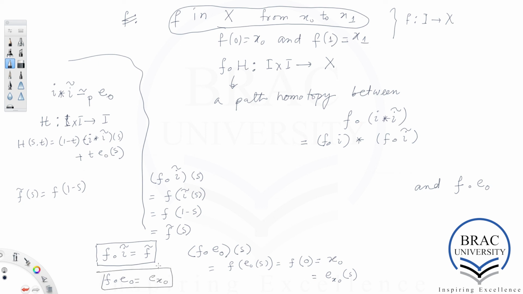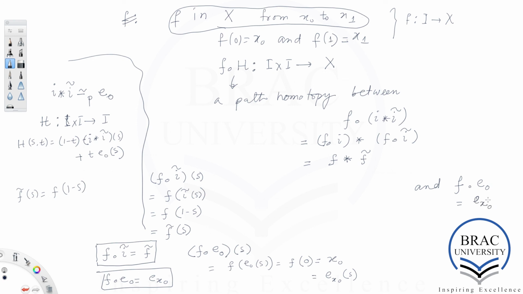So we plug in these expressions here. We see f composed with I is just f because I is the identity map. This is f star, and f composed with I twiddle is f twiddle, the reverse of f. And f composed with E0 is E sub x0.